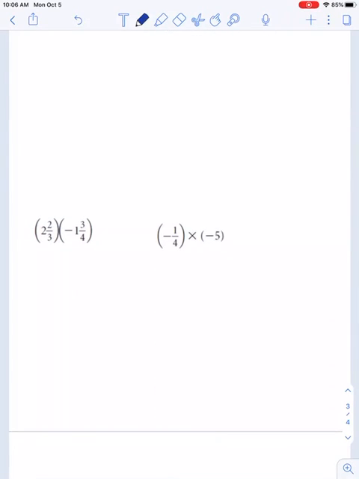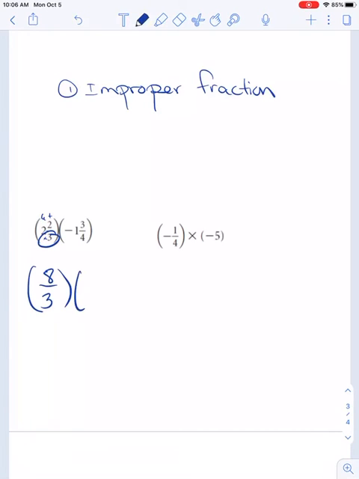If we have a mixed fraction, the first step we're going to do is place it into an improper fraction. So 3 times 2 gives me 6, plus 2 gives me 8 over 3. I have negative, don't forget it. 4 times 1, 4, plus 3, 7 over 4.